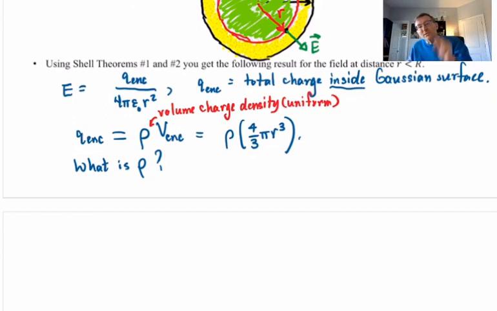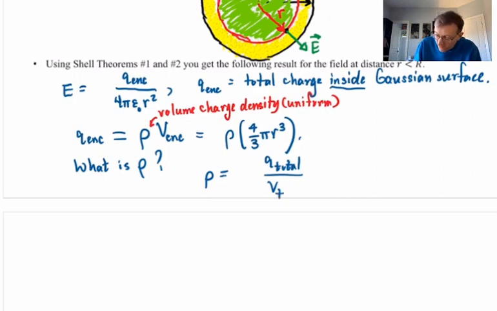Here's what we do know. For the actual solid sphere, total charge spread throughout its entire volume, little q. Radius of that solid sphere, big R. So the rho is Q total over V total.